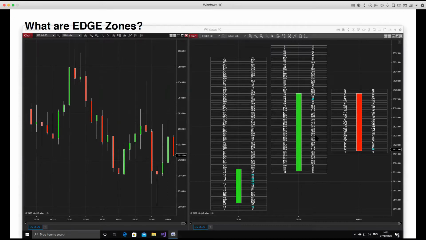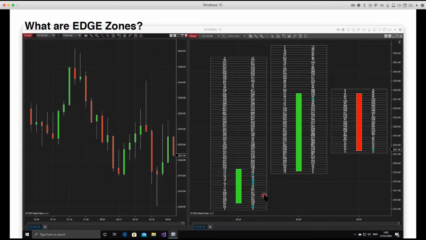So this is each candle configured to show the volume of market orders lifting the offer and the volume of market orders hitting the bid on the left. Now you'll see that some of the numbers within the candle are highlighted, and I've got some blue numbers here. The way in which this chart's been set up in NinjaTrader is if the volume diagonally is 4 times larger than the opposite side, it's highlighting the volume.